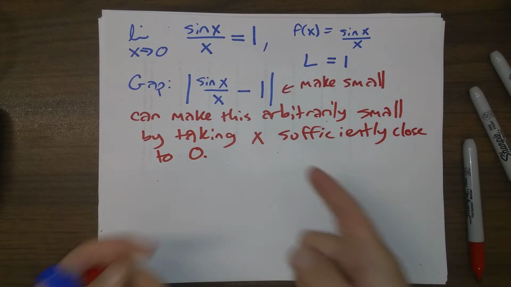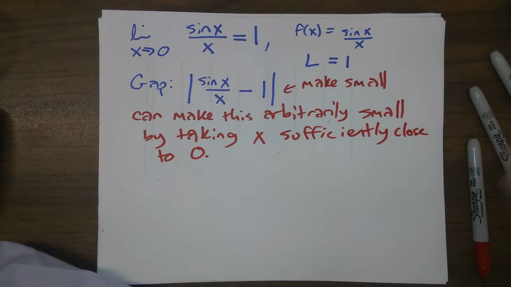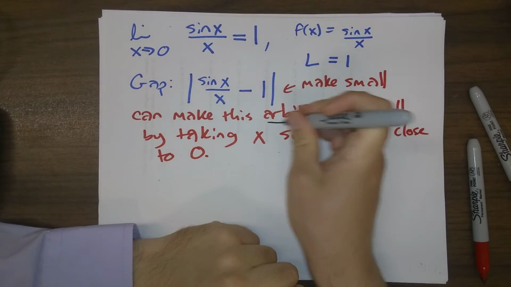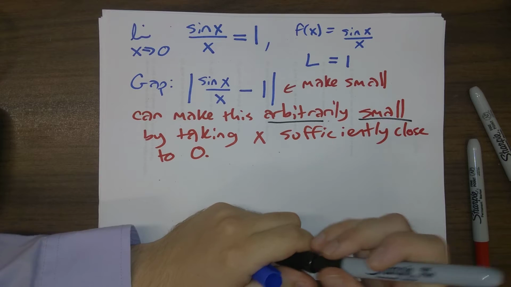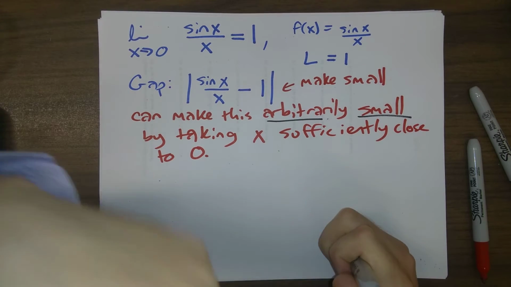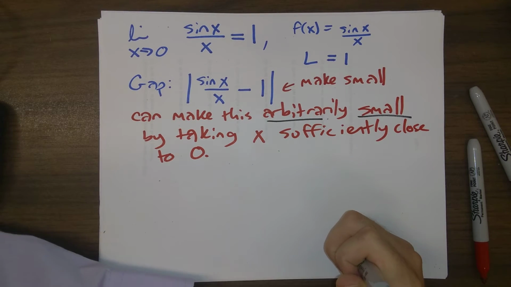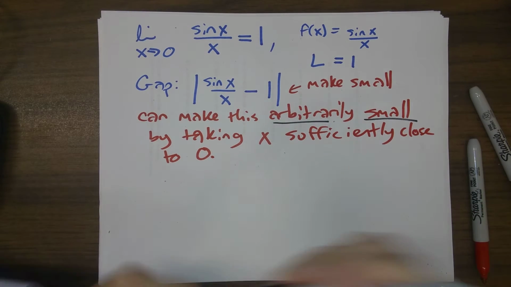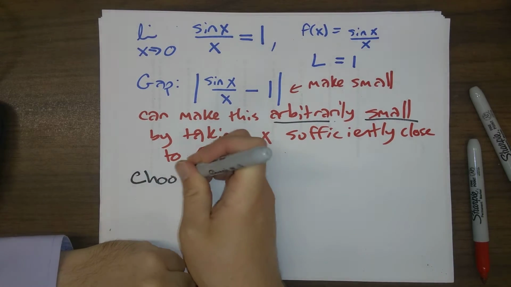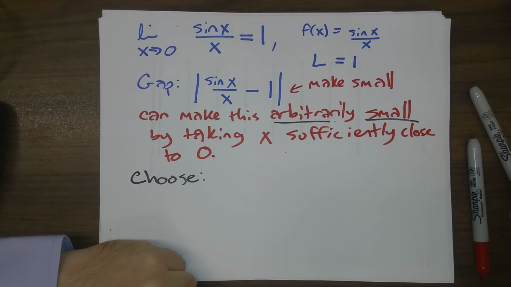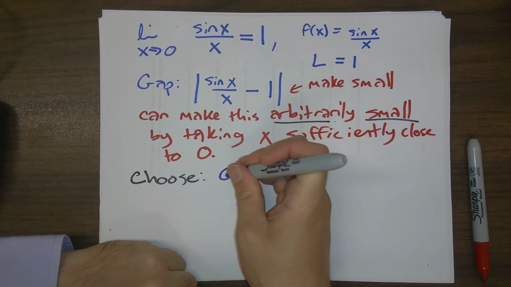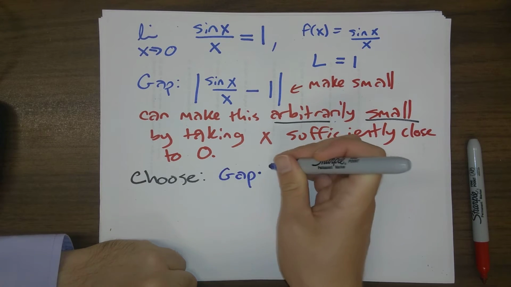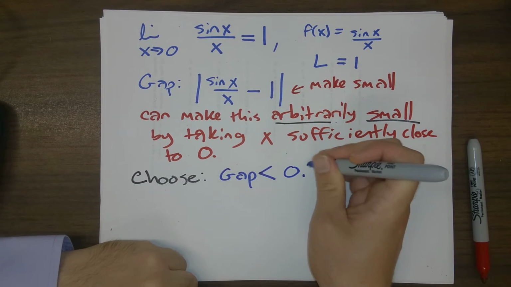So how arbitrarily small? What does arbitrarily small mean? It means that if I choose a particular positive number, you can make the gap smaller than that. So for example, I could choose that I want the gap to be less than 0.2.